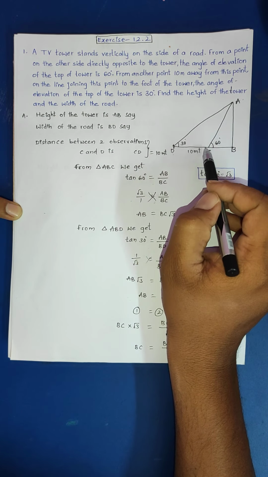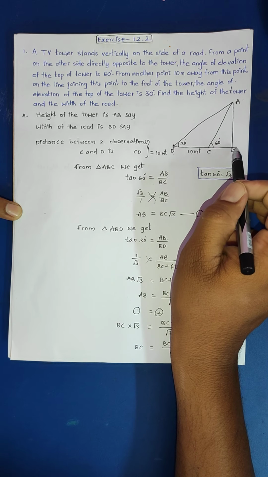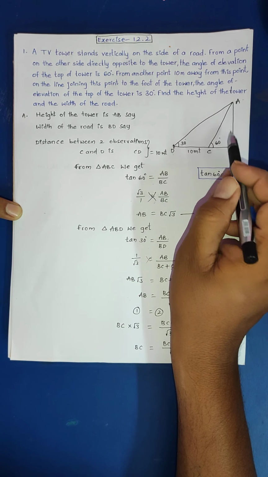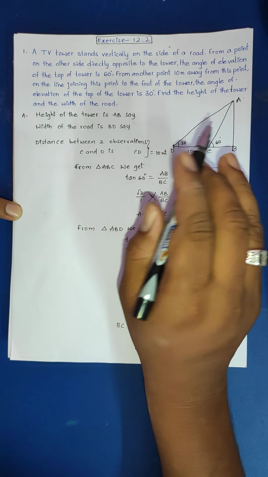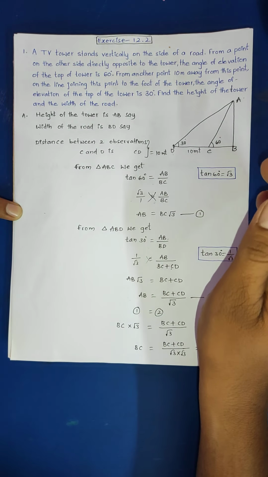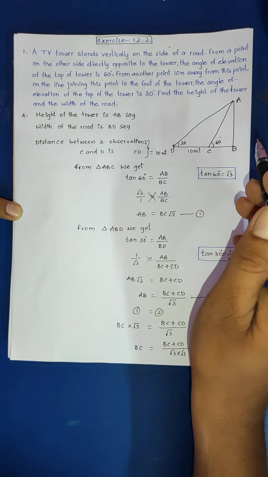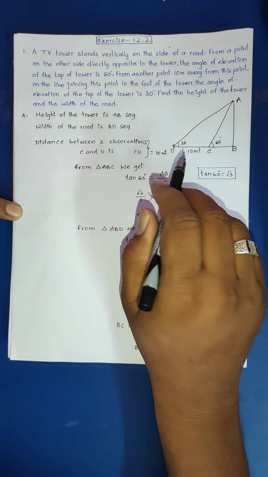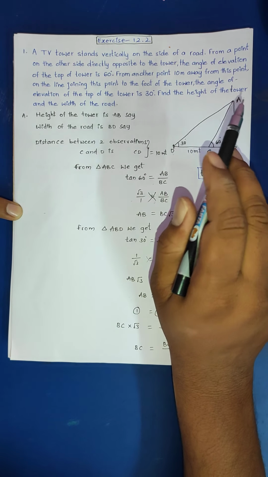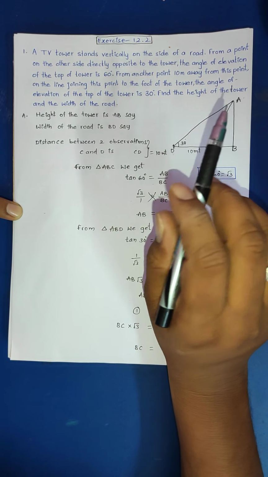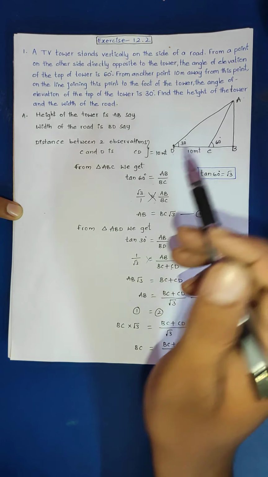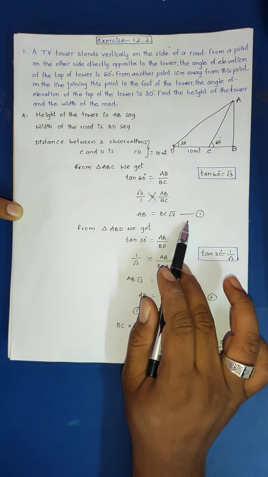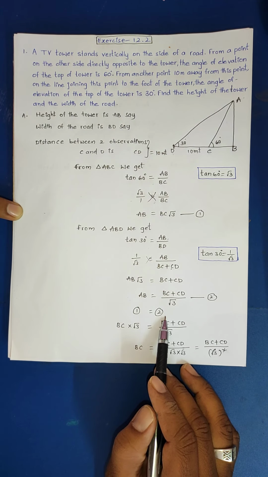For triangle ABC the height is AB, and for triangle ABD the height is also AB. In both triangles the height is the same. The height of the tower is the same for both triangles. The target point is the same for both points of observation. For that reason, the first equation is equal to the second equation.